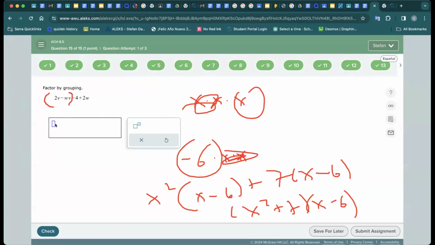So you just group these together. Yeah, this is the last one.